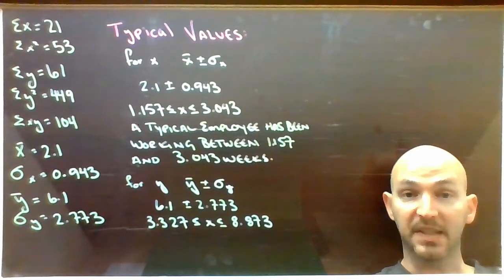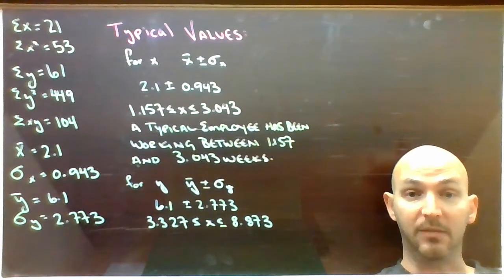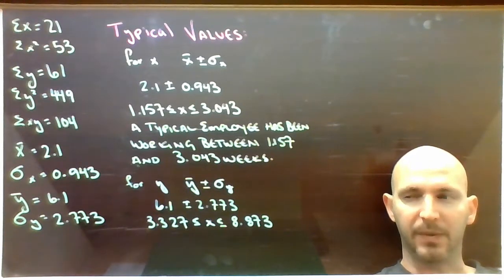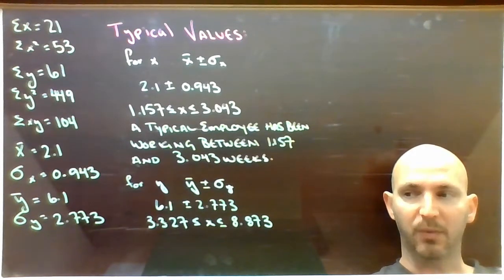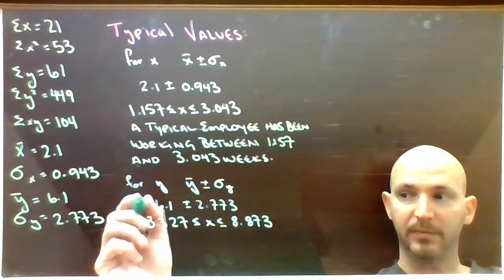If I were to frame this one as a sentence, the y value was the number of Timbits eaten per shift. So these new employees are eating between 3.327 and 8.873 Timbits per shift.